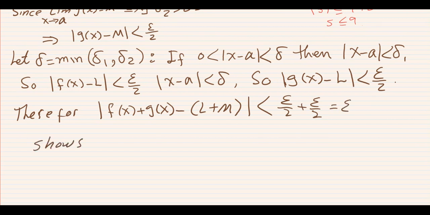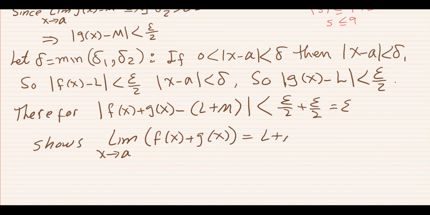So this shows that the limit as x approaches a of f of x plus g of x will equal L plus m, therefore that must hold. Okay, so there we have it. So this would be the proof.